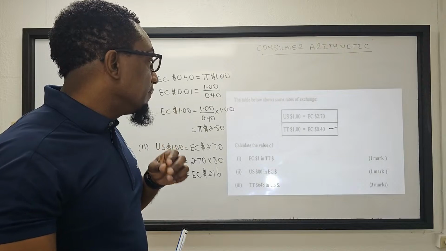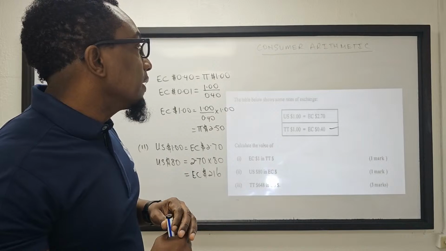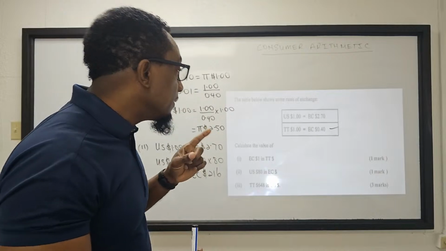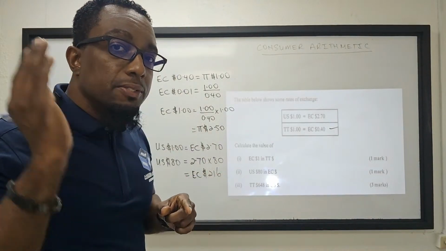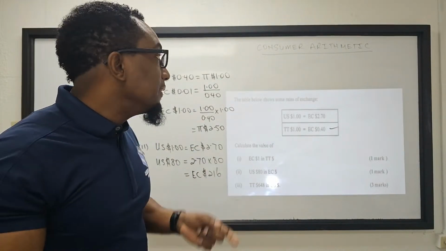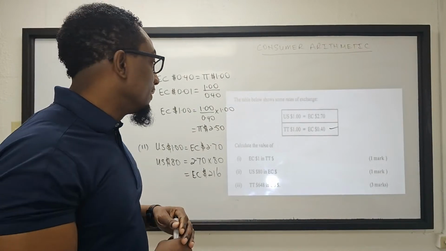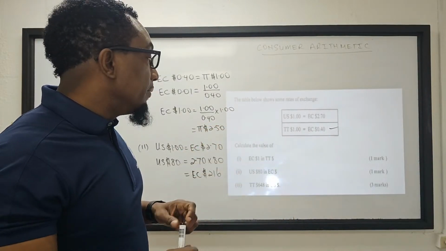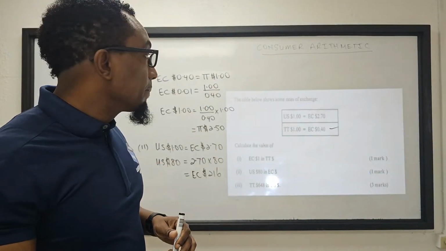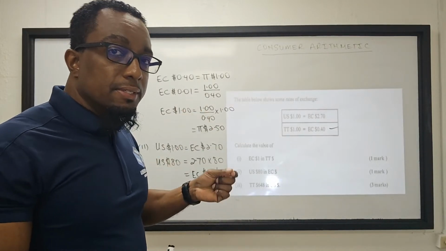So in order for us to convert 648 TT to US, because there is the exchange rate between TT and EC, US and EC, what we have to do first is convert our TT 648 to EC dollars, and then we convert EC dollars to US. So that's the process we have to take, because there's no rate of exchange between TT and US directly from what was given. Yeah? So we have to go that route. TT to EC, then EC to US.